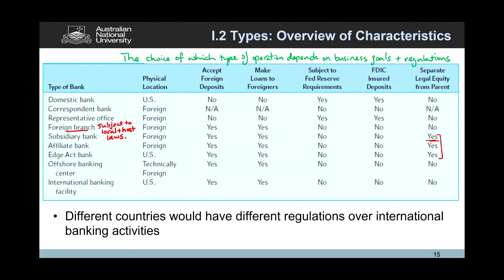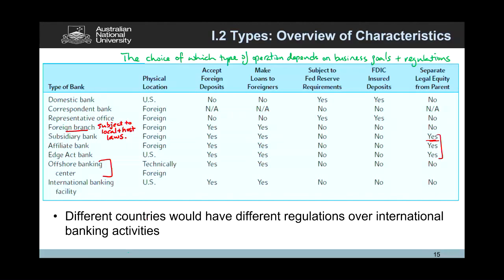And then we talk about offshore banking centers. So these are really the most free in terms of regulations among all of these different organizational forms. And they are the ones that are able to do the most in terms of banking services, with the only restriction that all of their loans and their deposit taking can be only offered to non-residents of the parent bank.